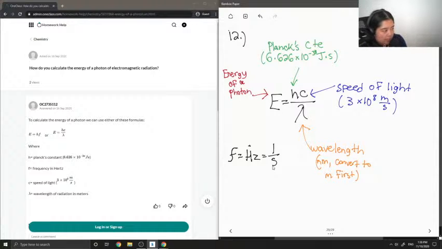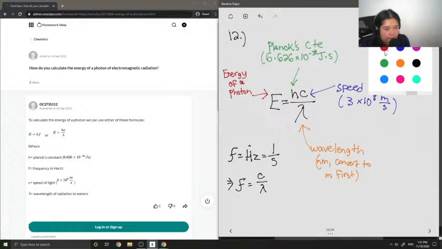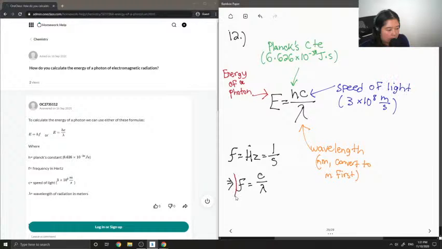So it's basically simplifying the equation that we have on the right side. And we can write it as f is equal to c over lambda. So this is another equation as well. It just depends on what values the question gives you.